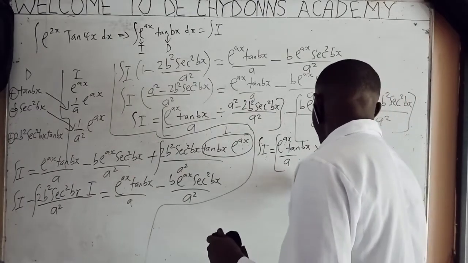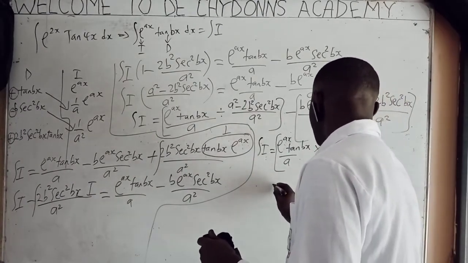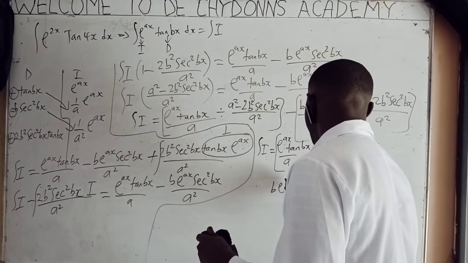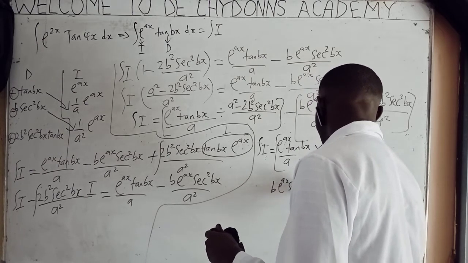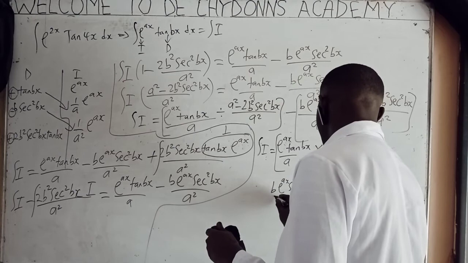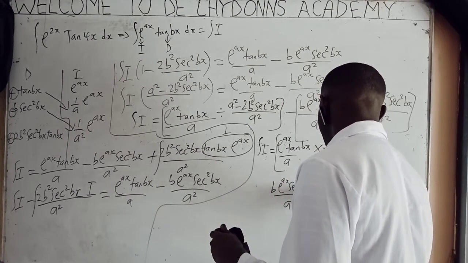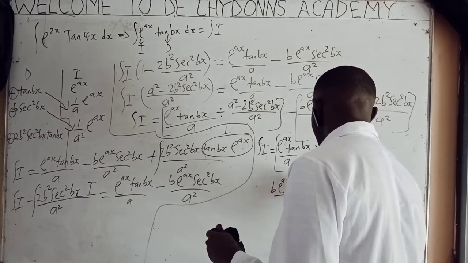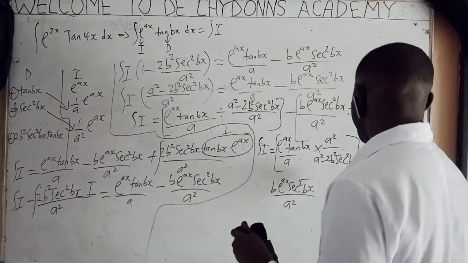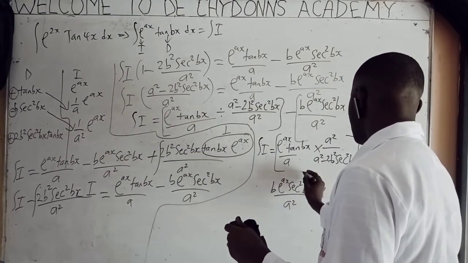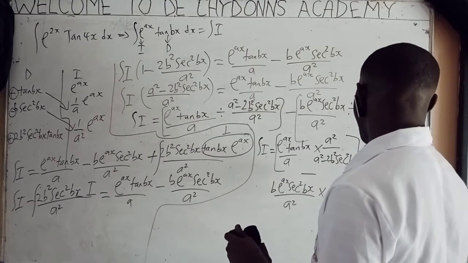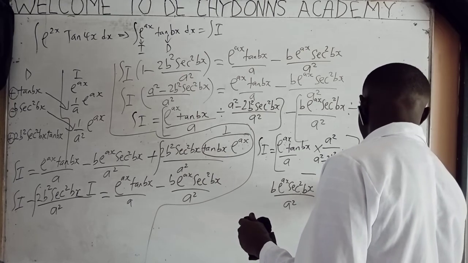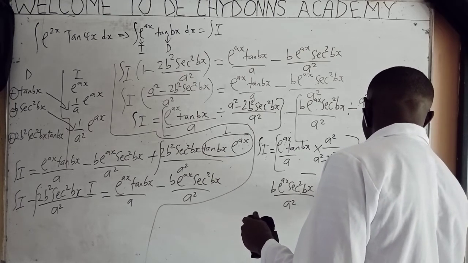Then I will now say minus b exponential ax sec square bx all over a squared, then times a squared all over a squared minus 2b squared sec squared bx.